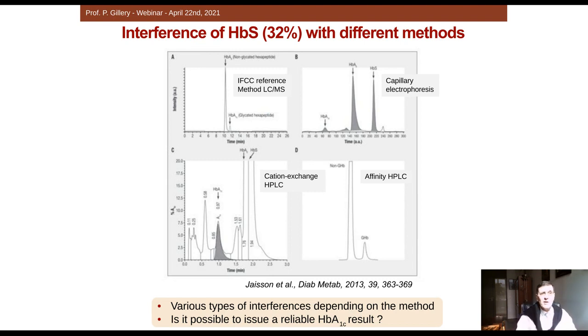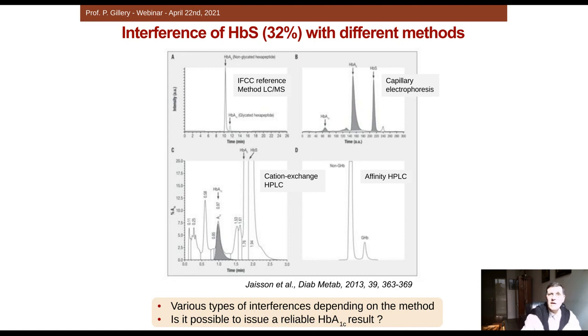Here is shown a second example, represented by the interference of HbS in sickle cell disease with different methods. There is no interference with IFCC reference method by LCMS, and also you can see on the lower left part that with affinity HPLC, the variant is not detected and there is no interference.